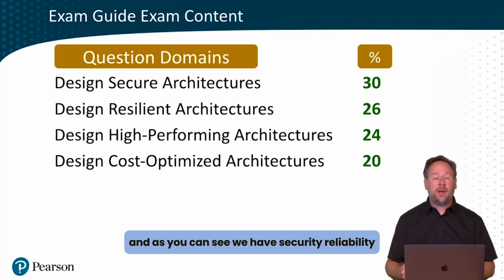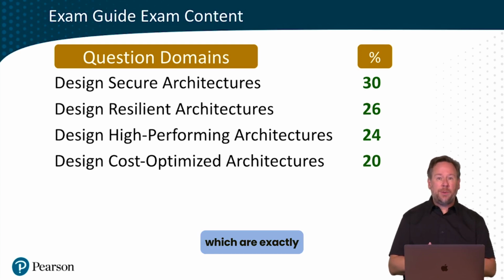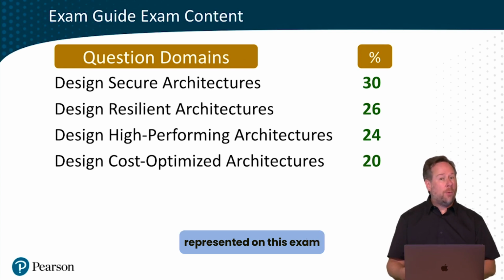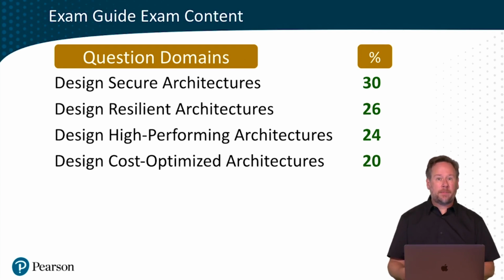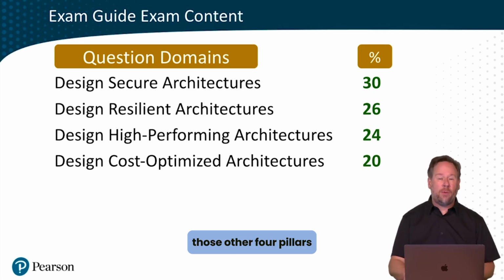And as you can see, we have security, reliability, performance efficiency, and cost optimization, which are exactly 4 pillars of the well-architected framework represented on this exam. The other 2 pillars, operational excellence and sustainability, are not represented here at this time. And so we don't have to cover them in the same level of detail as we do those other 4 pillars.